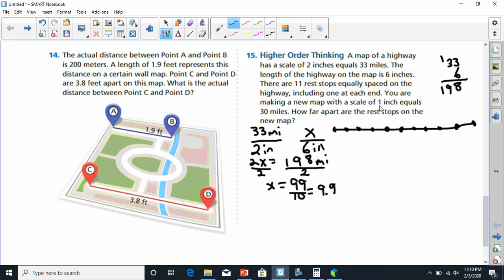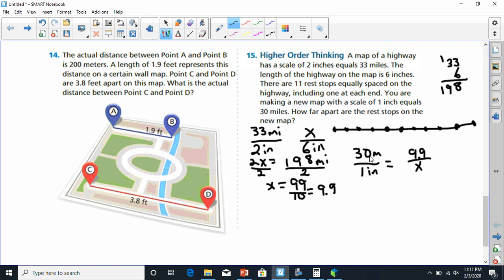Now it says I have 1 inch equals 30 miles. So if 1 inch is equal to 30 miles, and we're putting 9.9 miles here, and we're trying to find out how many inches.